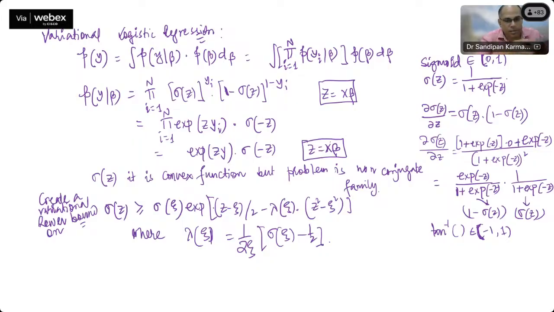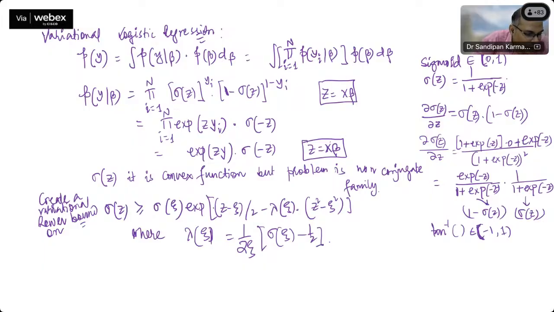So in this way, we are creating a lower bound on the sigmoid function, and this lower bound will be used for this particular logistic regression.